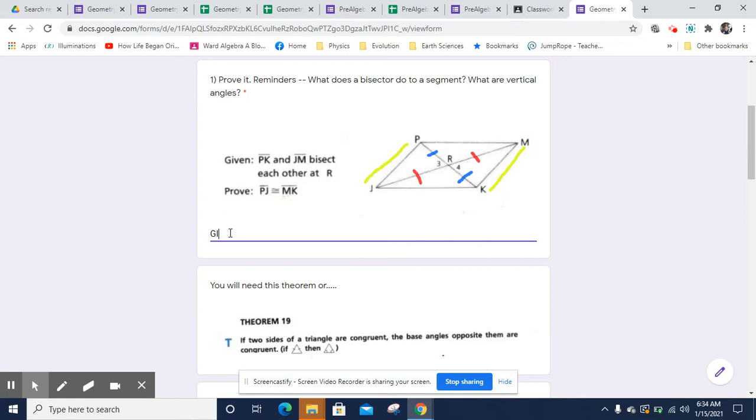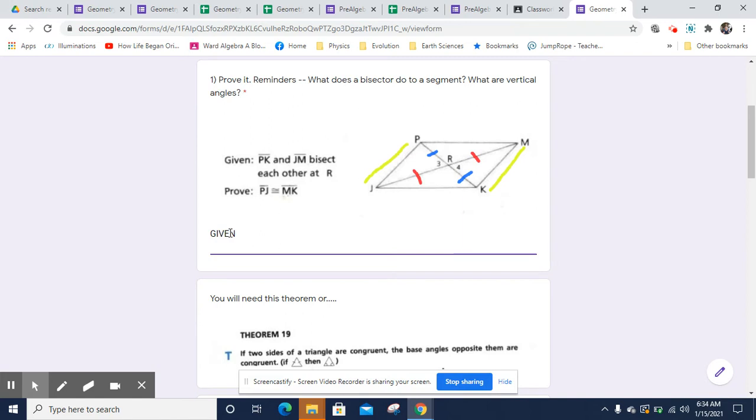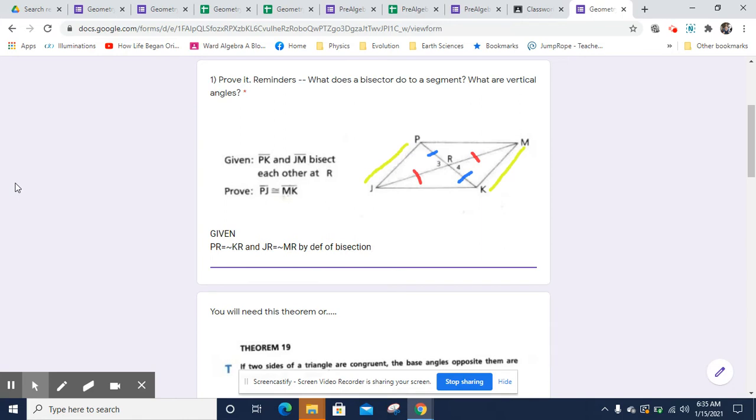After the given, there's really only one given. What we can say is that PR is congruent to KR, and we can also say that JR is congruent to MR by definition of bisection. Now we can make note of the fact that angle 3 and angle 4 are congruent.